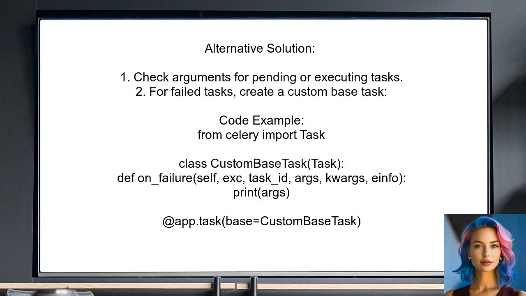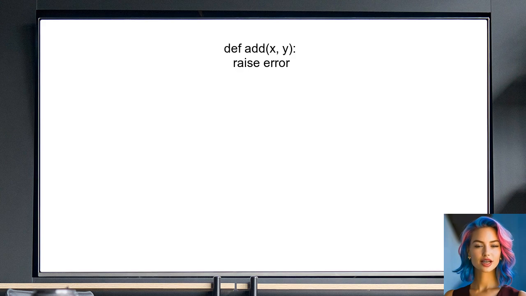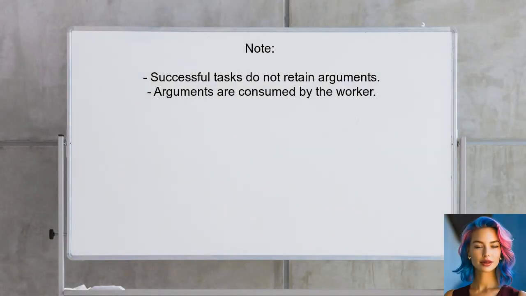This user suggests that if your Celery task is pending or currently executing, you can view its arguments. For failed tasks, they recommend creating a custom base task with an on-failure handler to capture the arguments when a task fails. However, if your task executes successfully, the arguments cannot be retrieved as they are consumed by the worker.